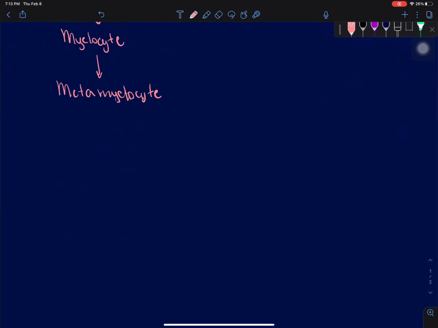And from metamyelocyte, then you are going to go either into your neutrophil, your eosinophil, and your basophil. And this is as far as I'm going to get with the drawing, and I'll come back to it in a second.